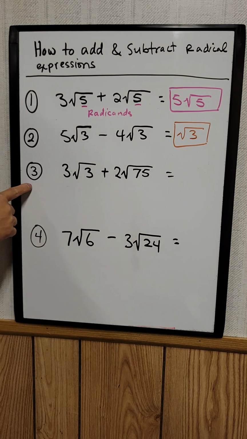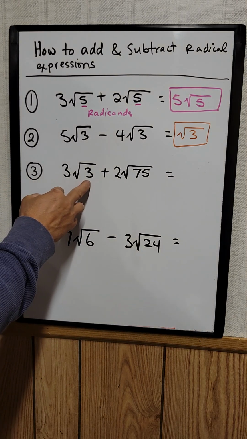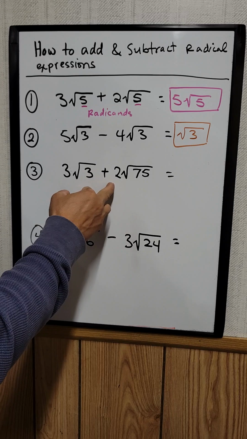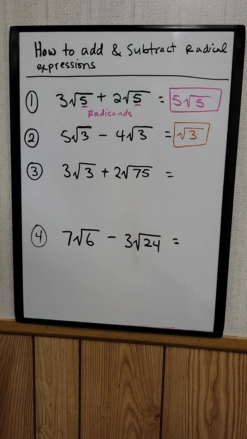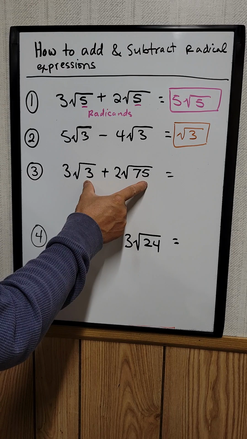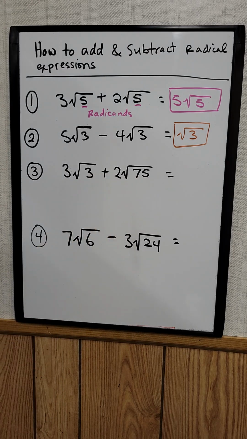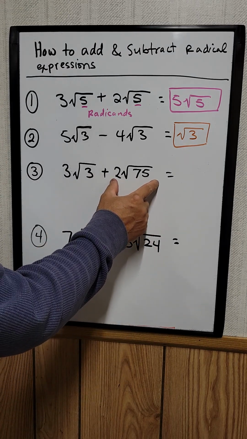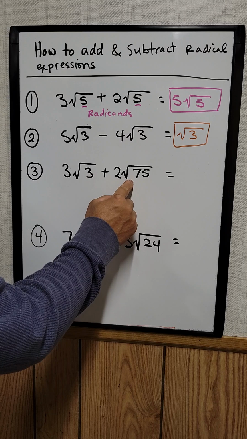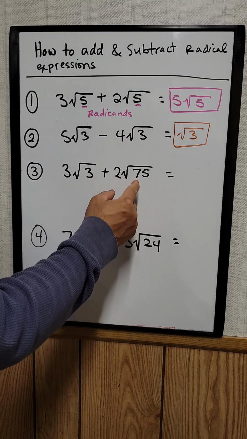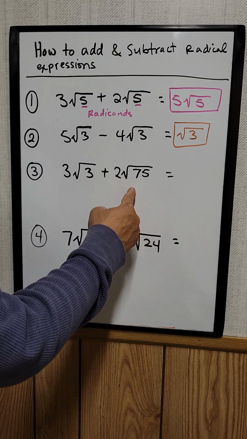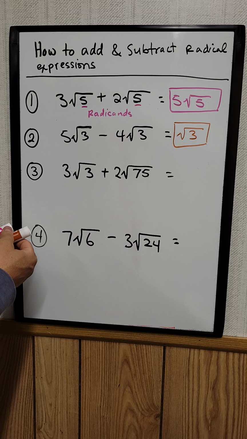How about the third example? 3 times the square root of 3 plus 2 times the square root of 75. So look at the radicand. 3 and 75 are not the same. However, 75 is just 3 times 25, so we can break this down.